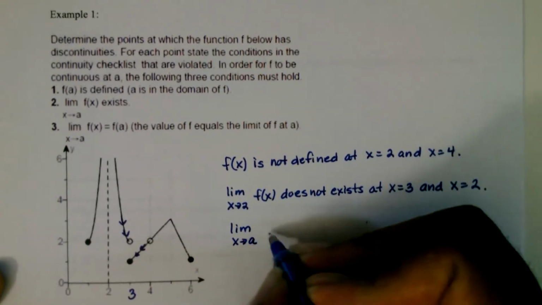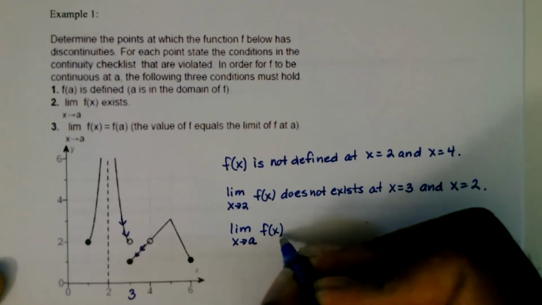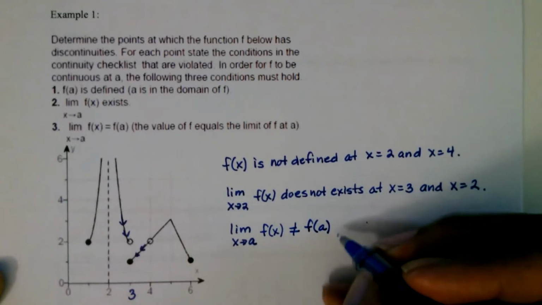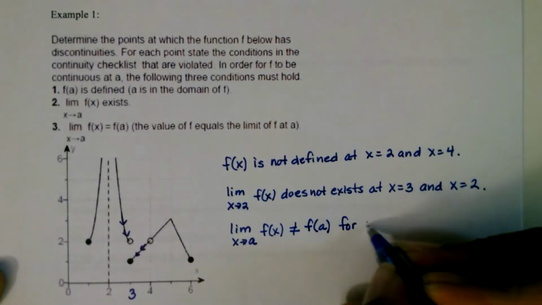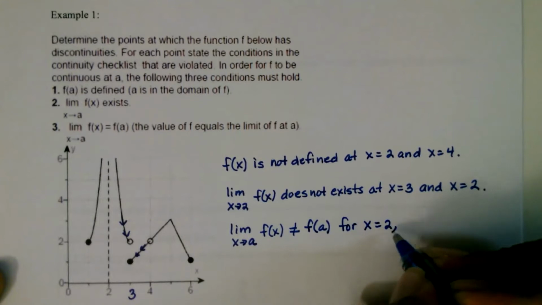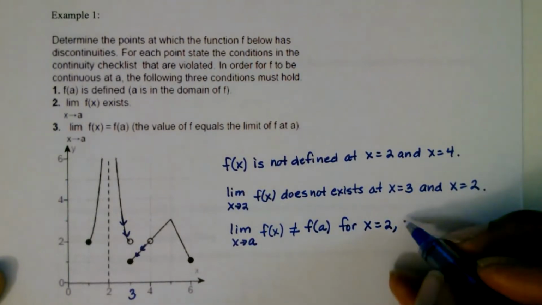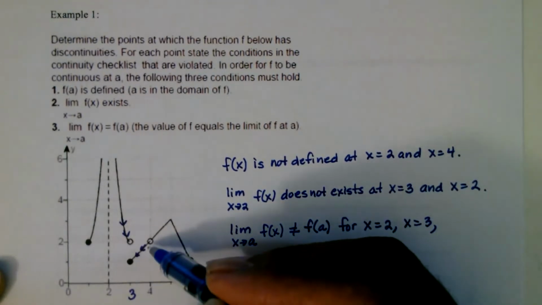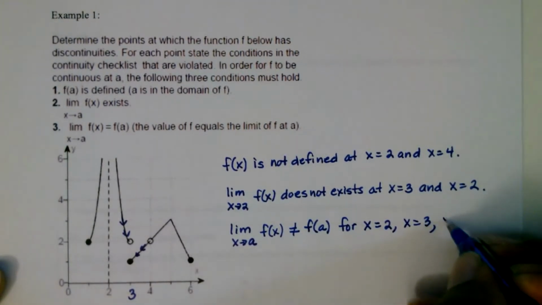The limit as x approaches a of f of x will not be equal to f of a. And that's for x equals 2 and x equals 3. And we might as well include x equals 4 as well.